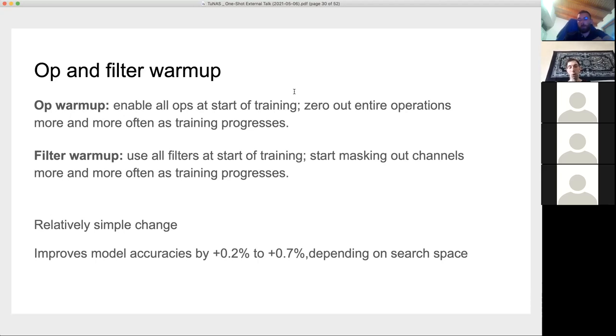So basically, one way to interpret this is that this is actually improving the quality of the shared model weights that are used to rank and evaluate different candidate architectures in the search space. This is really a refinement and a simplification of some ideas that we worked on in an earlier paper called Understanding and Simplifying One-Shot Architecture Search.